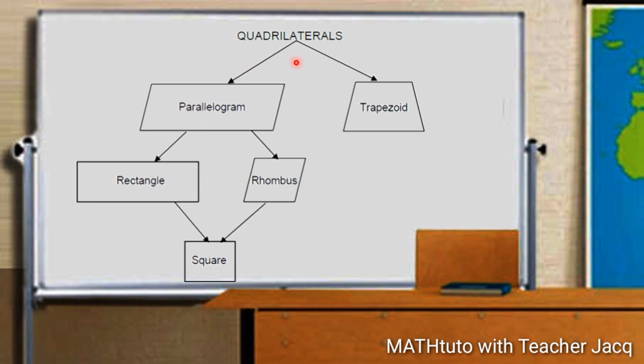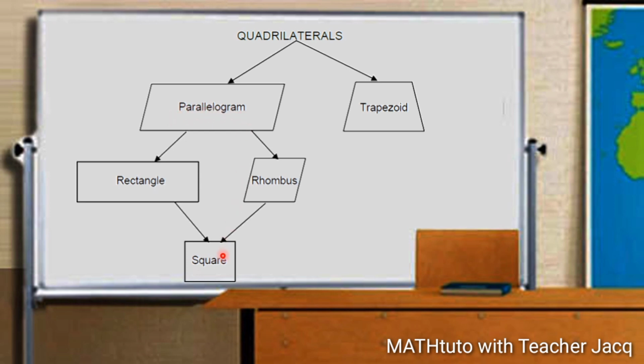Take a look at our diagram. So we have here quadrilaterals. These are kinds of quadrilaterals. We have parallelogram, trapezoid, rectangle, rhombus, and square. The rectangle, the rhombus, and square are all parallelograms because they have the same characteristic as a parallelogram.